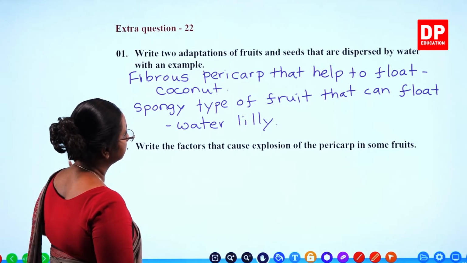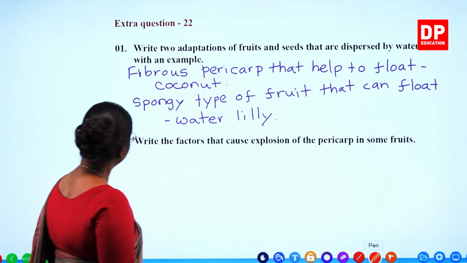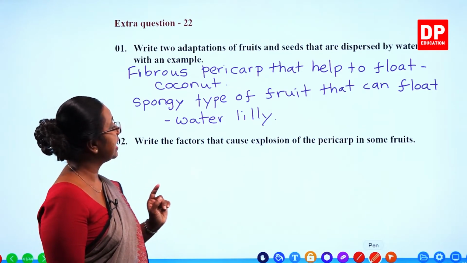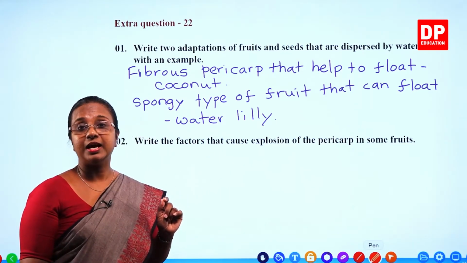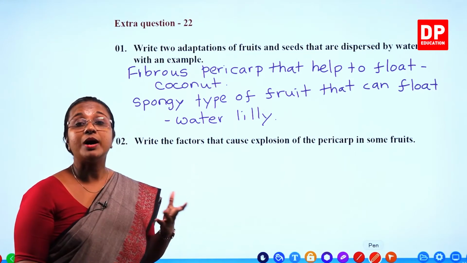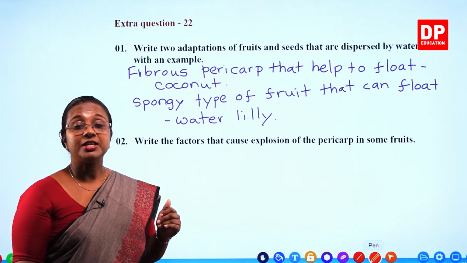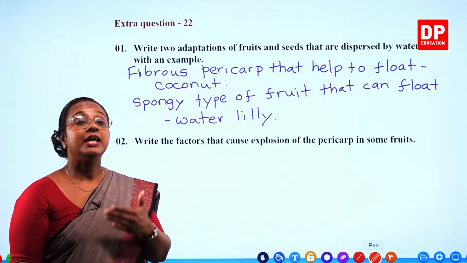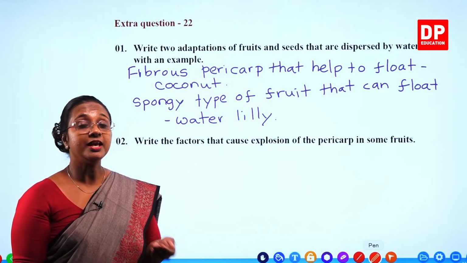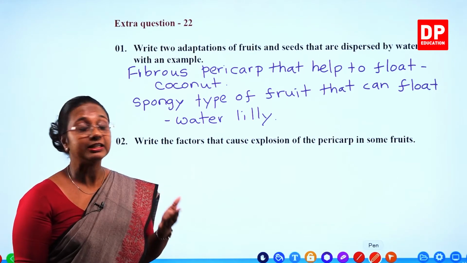Then we have the next question. Write the factors that cause explosion of pericarp in some fruits. What are the factors that cause explosion? Explosion can be caused by touch, it can be caused by moisture, and also dry weather conditions.